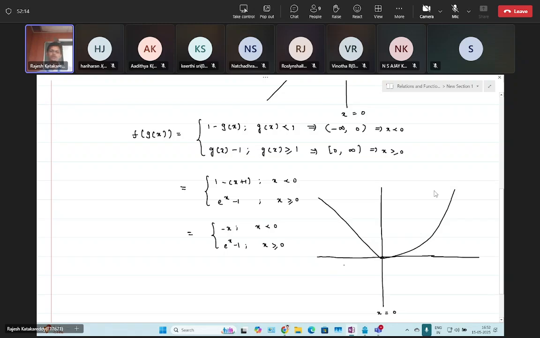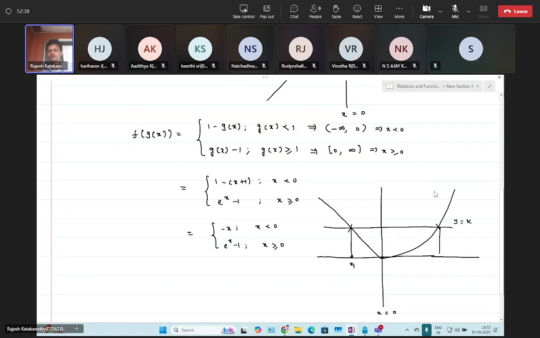Clear? So now, the given function, I can clearly see it is not a one-one function. How am I telling? Using the horizontal line test. If it is y equals k, for the same output there exist two inputs, x1 and x2.